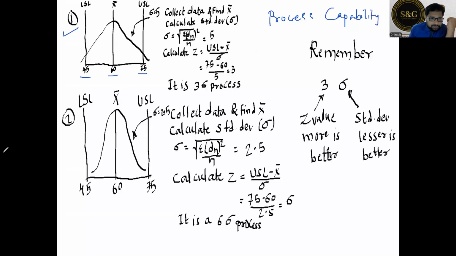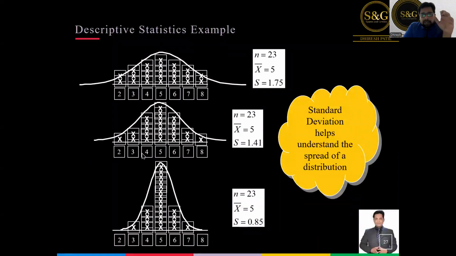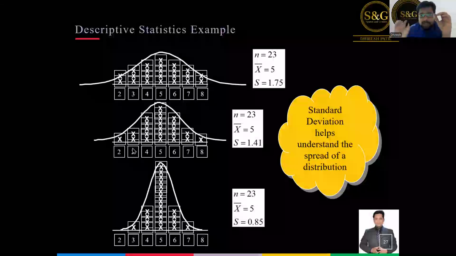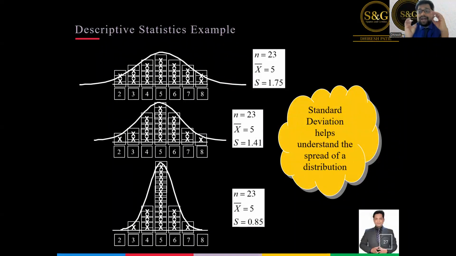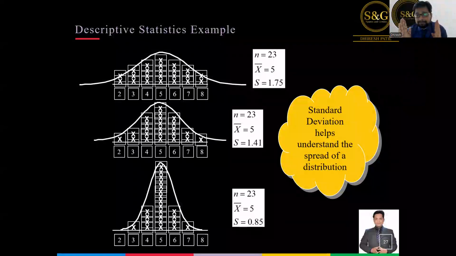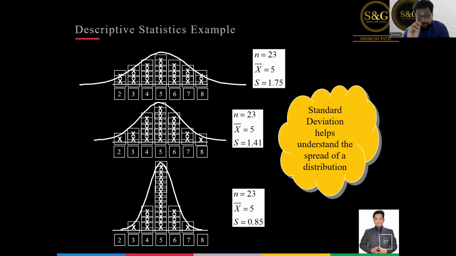Before this, let me go back to my previous slide. In this standard deviation, we just have to collect the data from the process to calculate it. Right now we don't know whether this process is capable or not. Standard deviation is just measuring the variation of the process. That's it. It does not say anything apart from that. Right now we don't know where the target is.